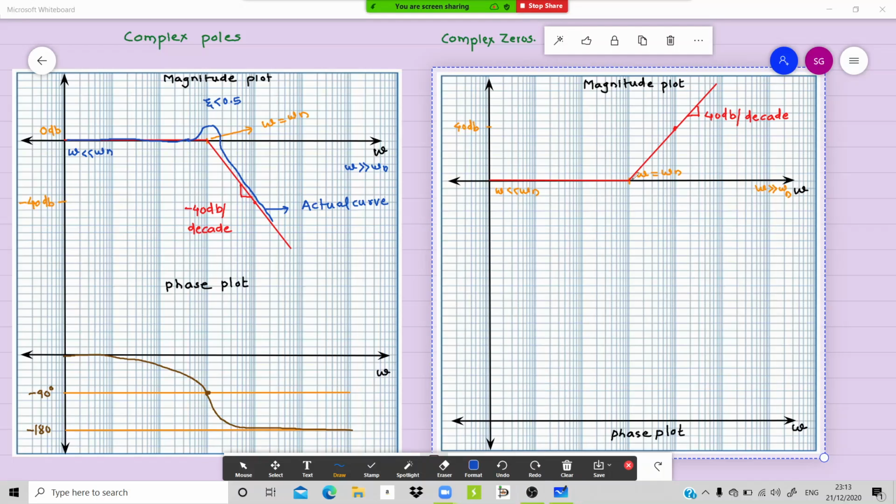Now when your zeta is on the lesser side, you will find that yes, the peak will be more negative, right? And the peak will be towards minus infinity. So if I want to draw it approximately, it is going to be this and going along this line. Okay, so I'll write zeta greater than 0.5.